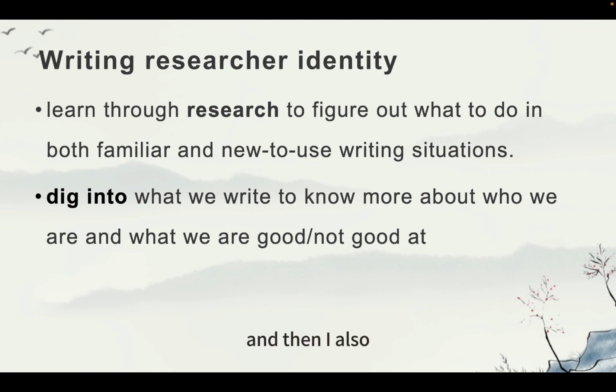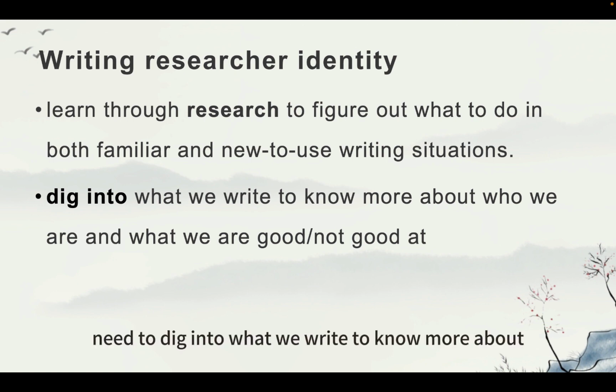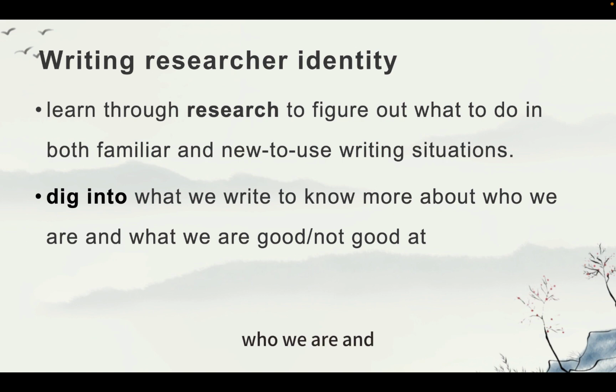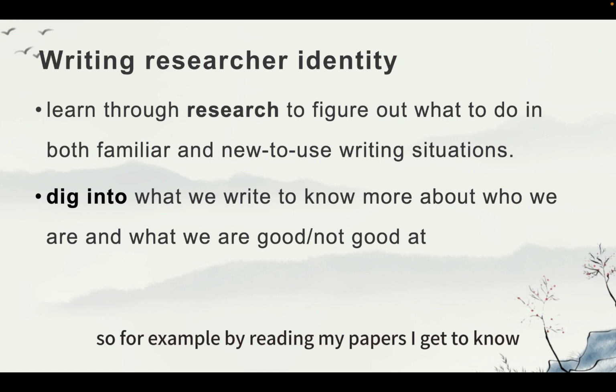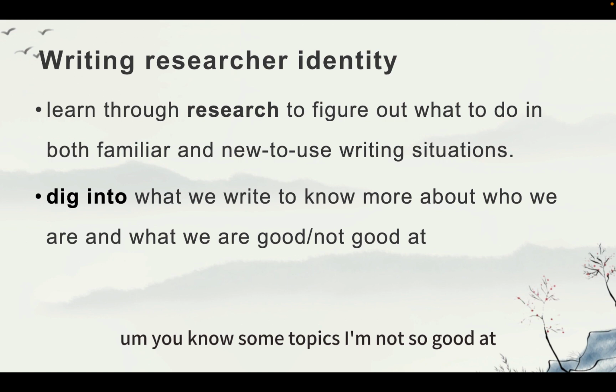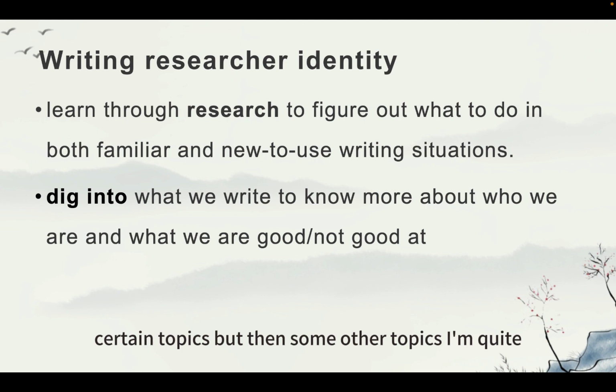And then I also need to dig into what we write to know more about who we are and what we are good or not good at. So for example, by reading my papers, I get to know some topics I'm not so good at because I have not been trained or I have not written enough papers on certain topics.